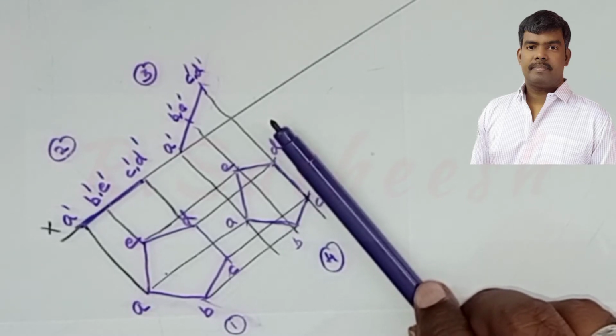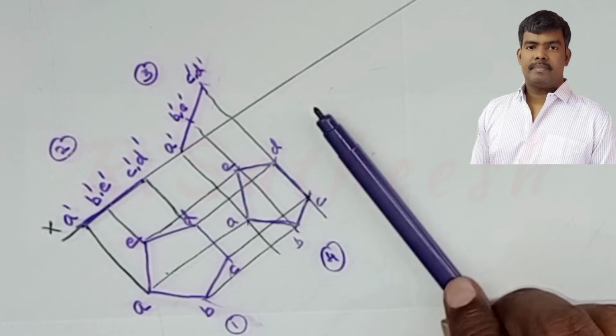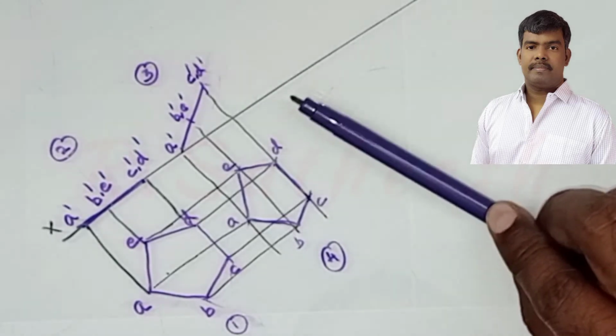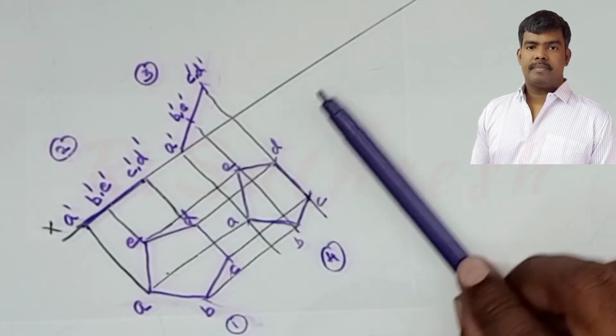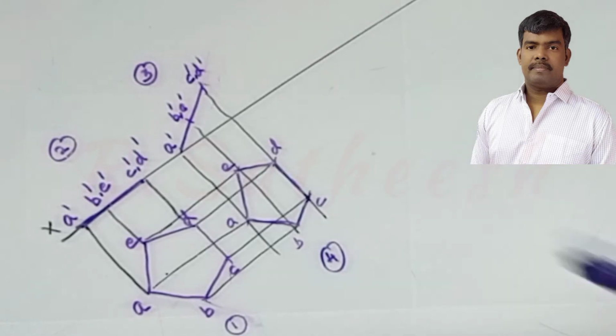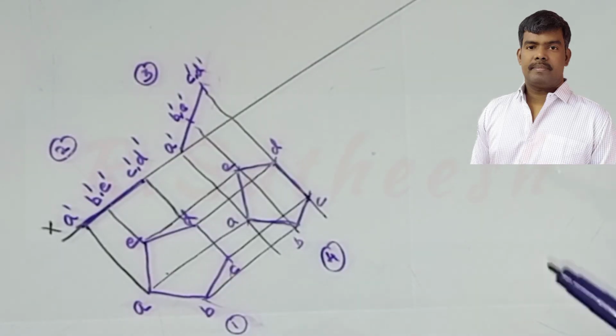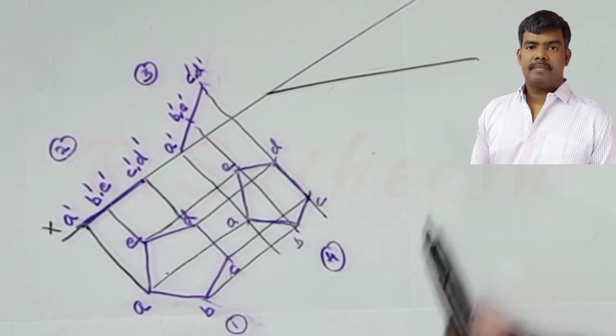But we need the side opposite to the resting corner to be inclined 30 degrees to VP. The side CD is now perpendicular, and we want to tilt it 30 degrees inclined to VP, and parallel to the HP. So first you draw a 30 degree line inclined to VP.